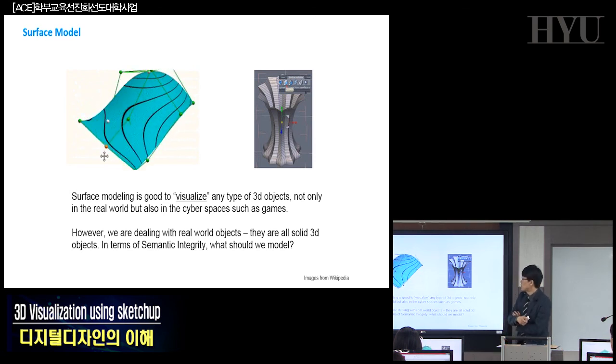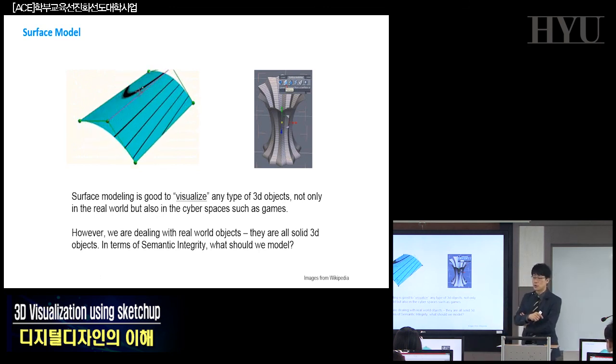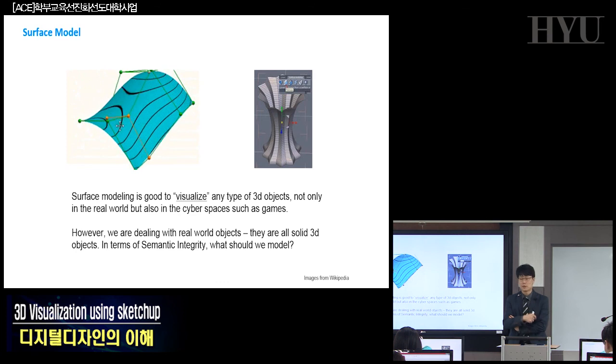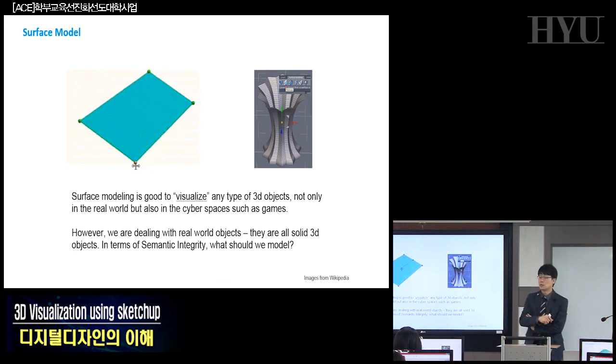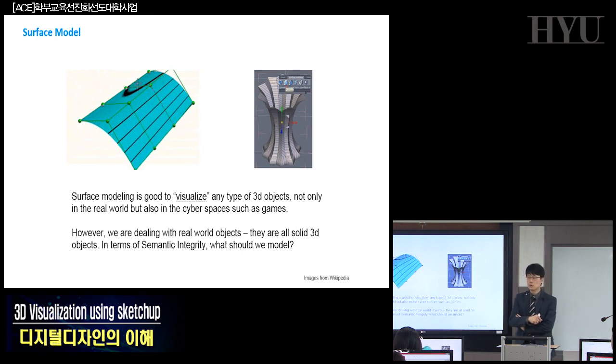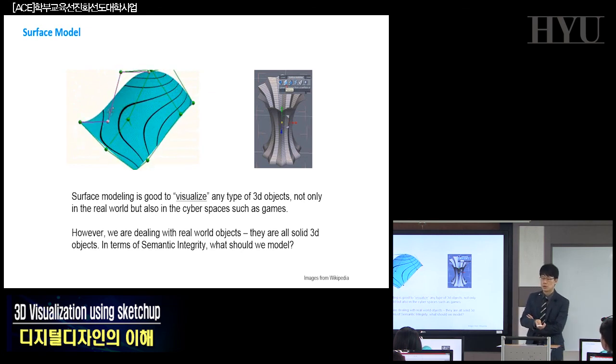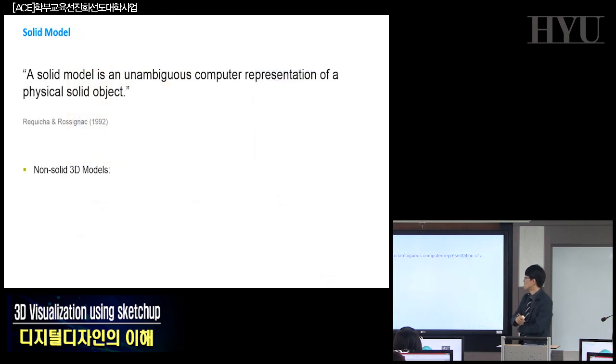So surface-based model is really handy and good to visualize something for your design visualization and representation, but eventually this is not the perfect and only solution for building design, okay? That is why we need some type of solid model, solid 3D model. Let me show you a brief, very simplified definition. A solid model is an unambiguous computer representation of a physical solid object.